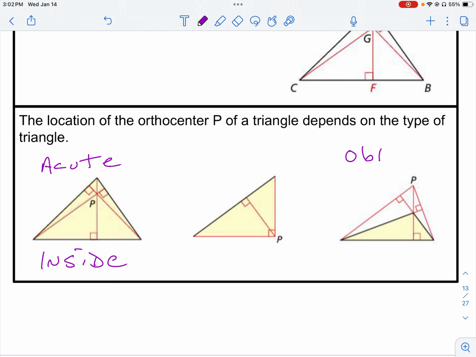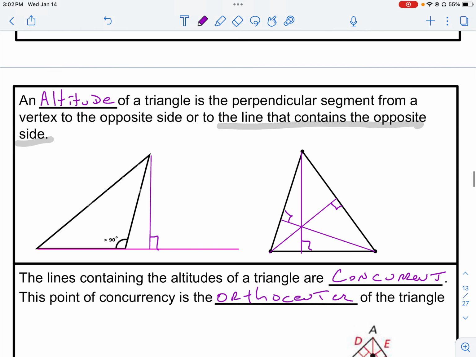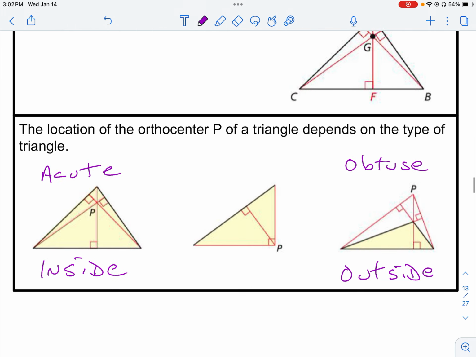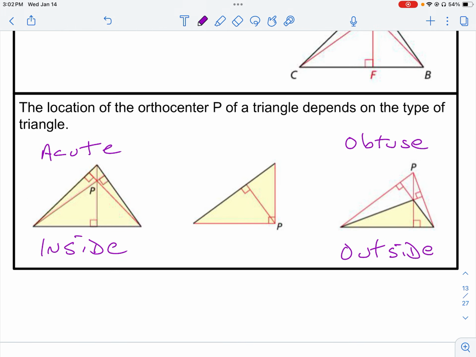If we have an obtuse triangle, we're going to find it outside the triangle, which makes sense because we have to extend the sides of the triangle out to get our altitude at all. Two of them are going to be outside of the triangle. So where are they going to meet? Outside the triangle.